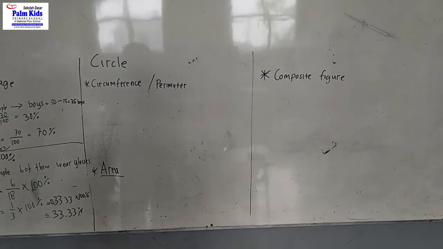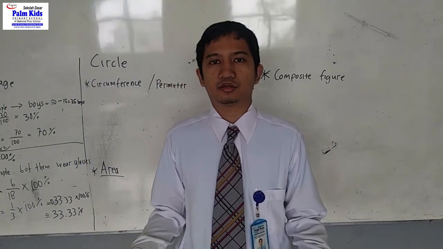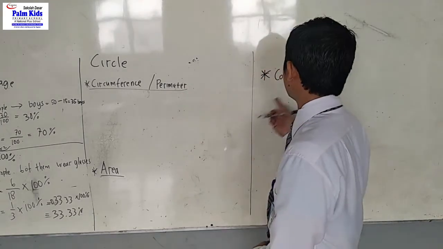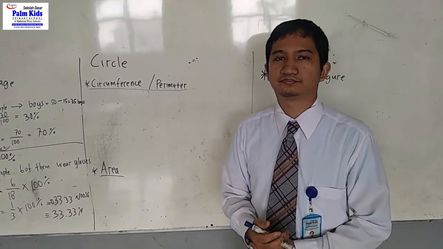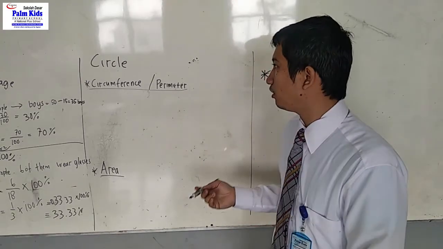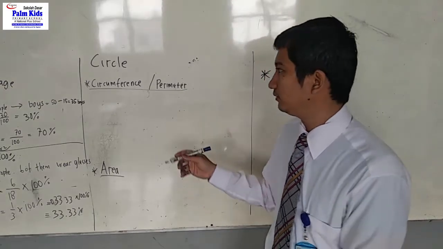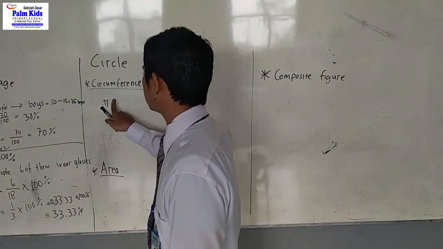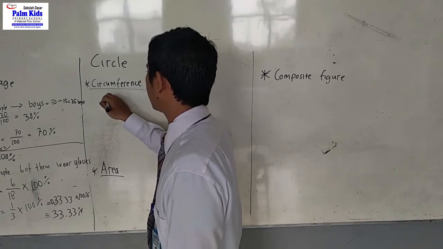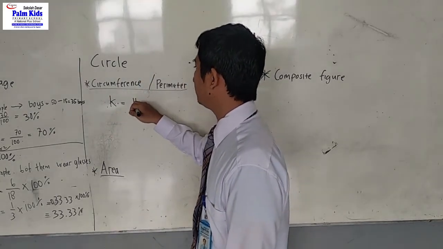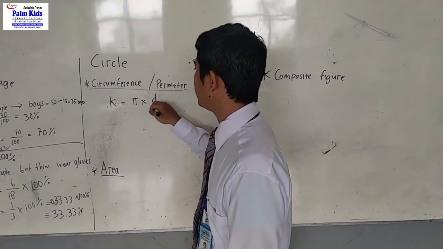Okay, in circles we have circumference, perimeter and composite figures. It's easy. Remember the formula of circumference, or keliling: C equals pi multiplied by the diameter.